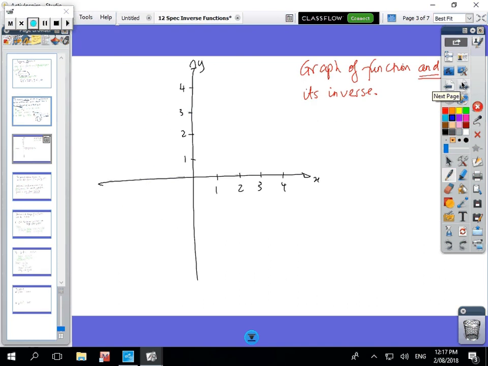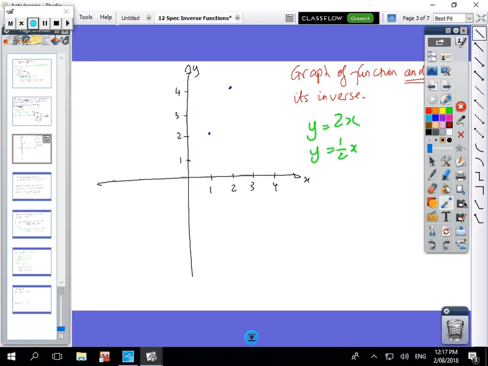Okay, so let's have a look. The first one was y equals 2x, and the other one was y equals a half x. Now they're both going to go through the origin. So for the first one, y equals 2x, we've got 2, we've got 4, and then if I make a straight line between those points and going through the origin, it looks like that.